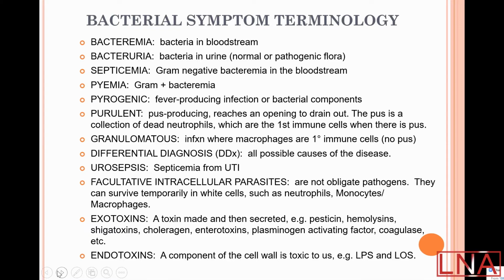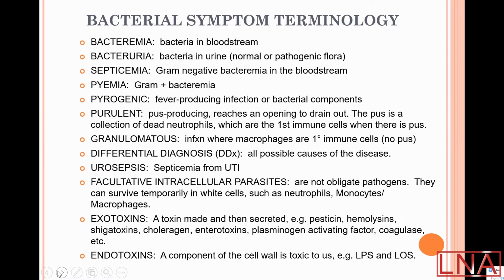Facultative intracellular parasites, they are not obligate pathogens. They can survive temporarily in white cells, such as neutrophils, monocytes, and macrophages, like we told about bacteria with a capsule around it, or spores.